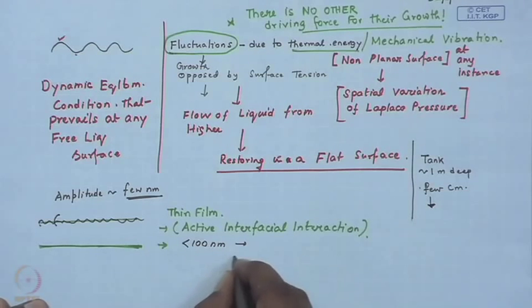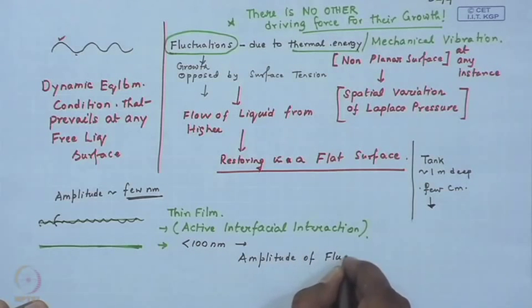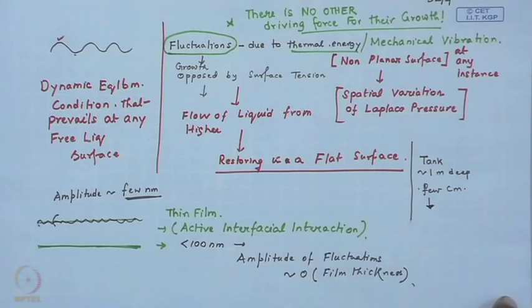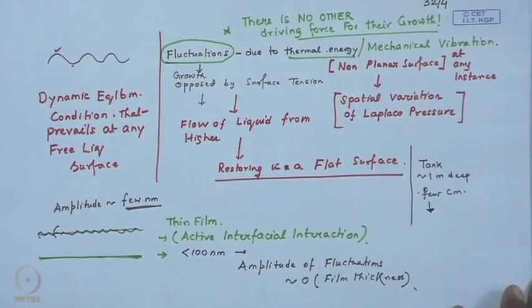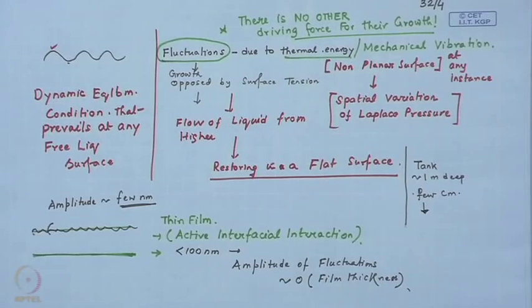So, what it implies is that the amplitude of fluctuations is now of the same order as the film thickness. So, the first thing to understand is that unlike in a macroscopic case, you probably should not straight away neglect these fluctuations. You have to address their existence.